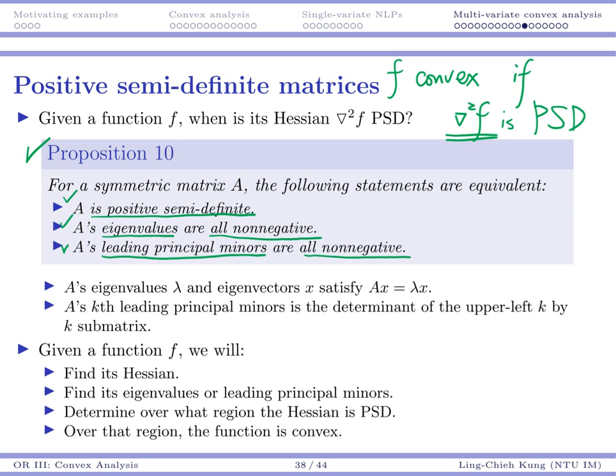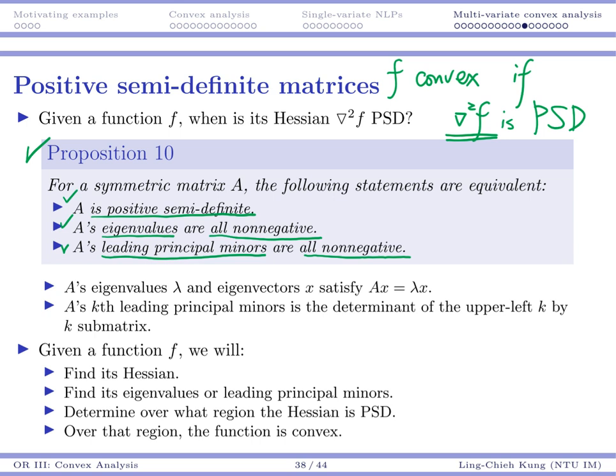So if you recall your linear algebra, A's eigenvalues, if we denote them as lambda, have something to do with the eigenvectors. They would together satisfy the equation Ax equals lambda x. Okay? So if you are not familiar with this one, I need to ask you to review or to learn linear algebra by yourself.